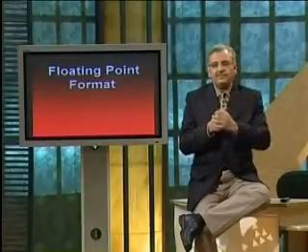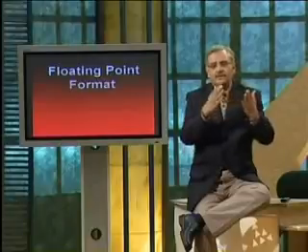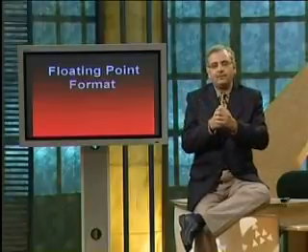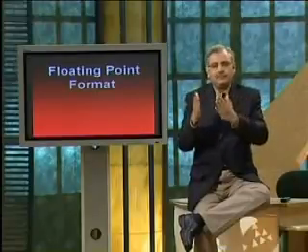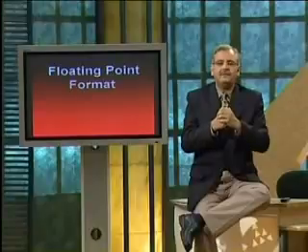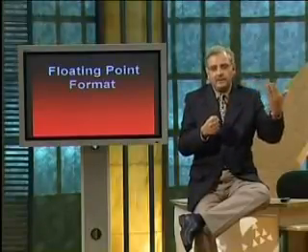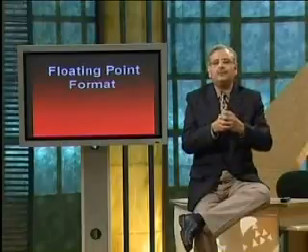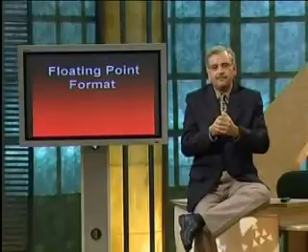You have 2 digits which represent the exponent. In the 32-bit floating point format, we had 8 bits which represent the exponent. The remaining 12 digits in the decimal format represent the fraction part or the mantissa. In the 32-bit binary floating point representation, we had 23 bits which represent the mantissa or the fraction part.